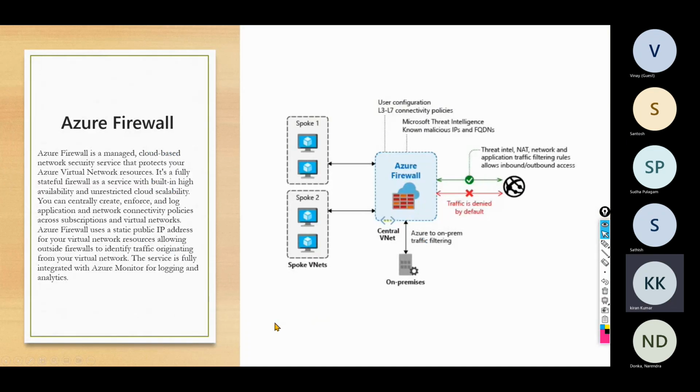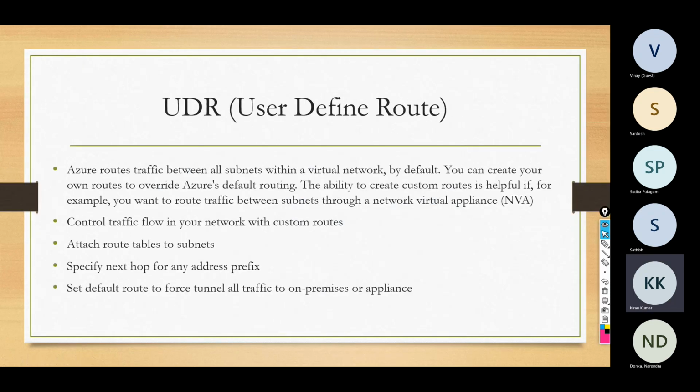Okay, I'm going to show you the practical about this UDR, how to implement it, and how the traffic will flow before and after implementation. We'll see the practical so that you will get more idea how the traffic is flowing. For this practical, I'm going to show you a lab scenario, and one scenario I will give you for practice, which you need to implement yourself.